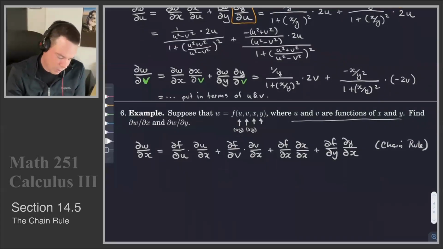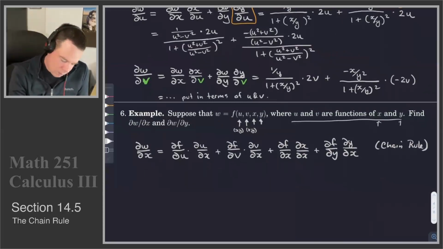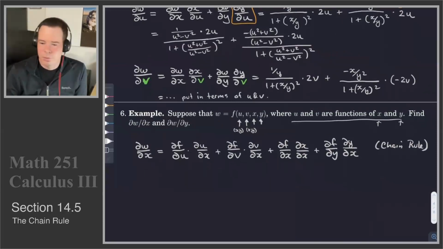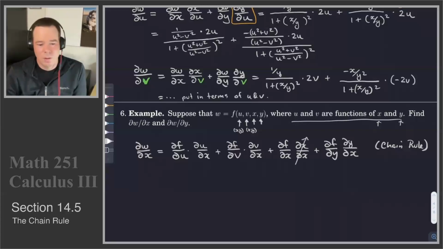Now at this point, we can do a little bit of simplification. u and v are just some functions of x and y. X's and y's are therefore our independent variables in the end. They're what everything is a function of. So when I see an expression like dx dx, what's the derivative of x with respect to x?